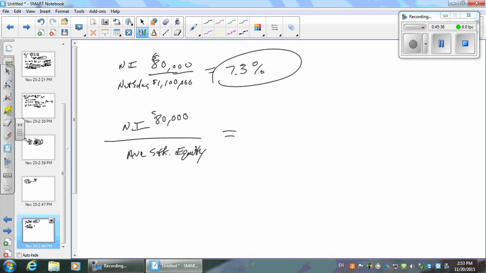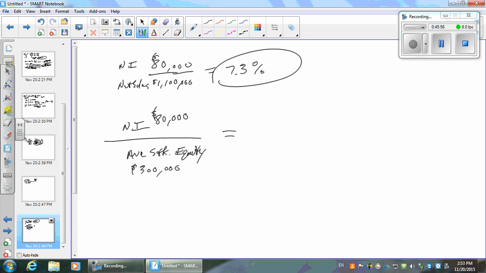And I even gave you the average stockholders' equity, but you could get it easy, right? You just add together the beginning equity and the ending equity divided by 2 on a balance sheet. Stockholders' equity is 300,000, staying the same.